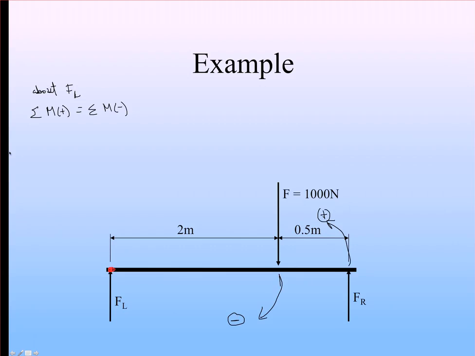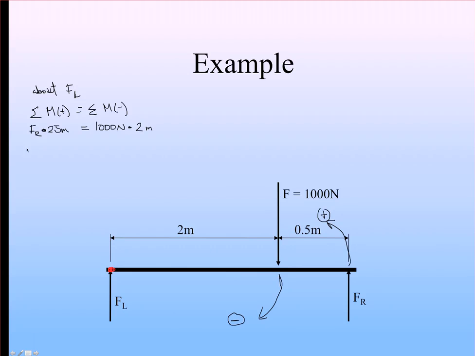FR times a distance of 2.5 meters, because this distance here from our point of rotation is 2.5 meters. So FR times 2.5 meters will equal 1,000 newtons times 2 meters. This 1,000 Newton force acts at a distance of 2 meters from the point of rotation.